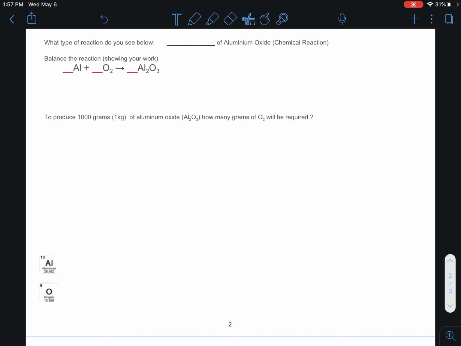What type of reaction do you see below? A blank of aluminum oxide type of chemical reaction. So you see here, press pause and figure out whether that is synthesis, decomposition, single replacement, double replacement, or combustion. Press pause now.